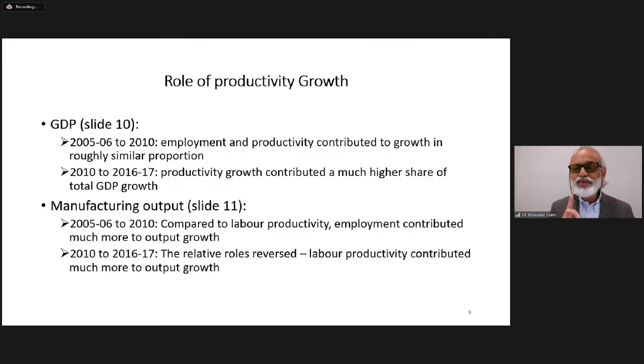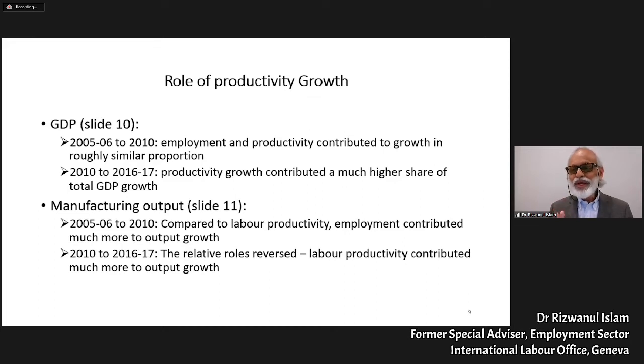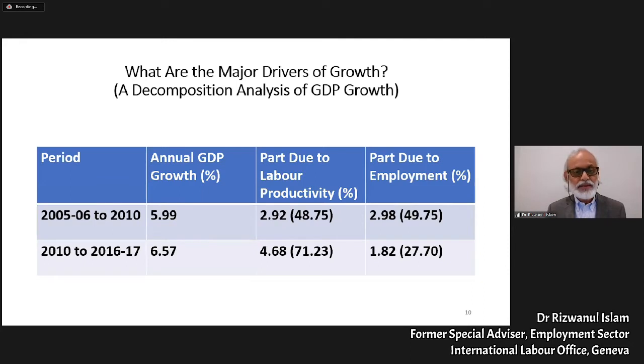And that I show in another slide, in fact two slides, slides 10 and 11. It will take a bit of time if I wanted to explain it, but I'm not going into that. The simple thing that I would like to say is that I have undertaken a decomposition of growth, both GDP growth and manufacturing output growth, and tried to see which part of growth has been contributed by quantity of labor and which part by labor productivity. And look at that.